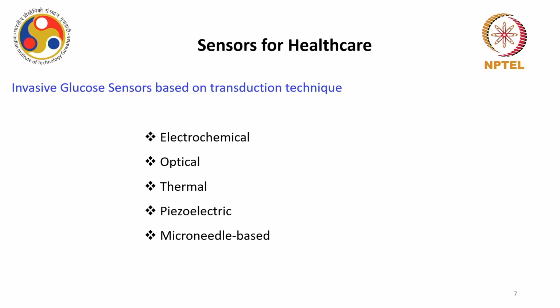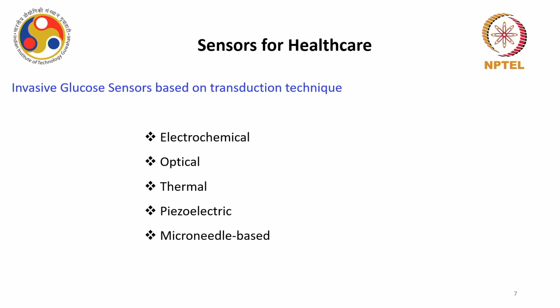Out of these, the invasive glucose sensors are very popular and are the conventional way of monitoring glucose. Usually these invasive glucose sensors are of 5 different types: the electrochemical glucose sensor, optical sensors, thermal devices, piezoelectric devices, and microneedle-based devices.